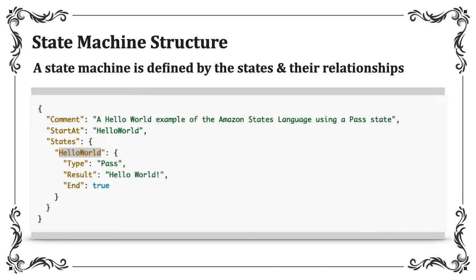Otherwise, the system looks for the Next field and continues with that state. So the Next field contains the name of the next state. This process repeats until the system reaches a terminal state. So the terminal state is the state that has the type Succeed or the type Fail, or the End is true, or a runtime error occurs.